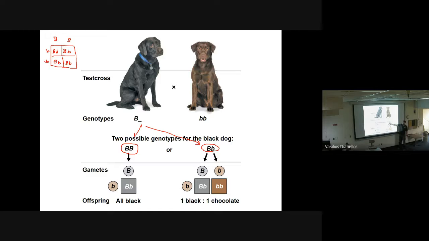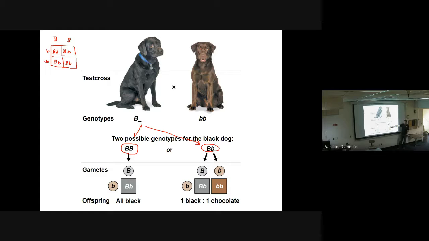Any reason why? Say it again. If we're mating these dogs, and let's assume we get 3 black labs and 1 brown one, do we know for sure that this dog is heterozygous as opposed to homozygous dominant? Anybody else?